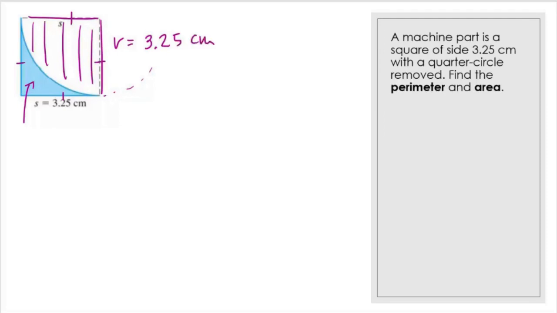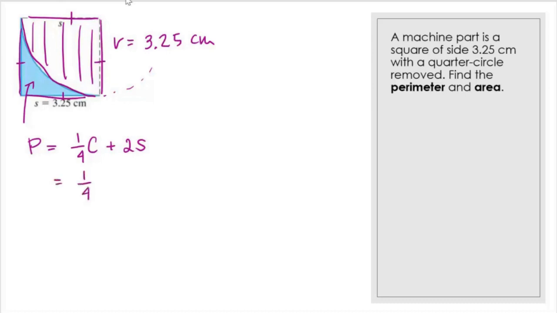The reason we need to know the radius is we'd like to know what distance this is. This is going to be 1/4 of the circumference of the circle. So the perimeter is composed of 1/4 of the circumference of the circle plus these 2 sides on the left and on the right of the square.